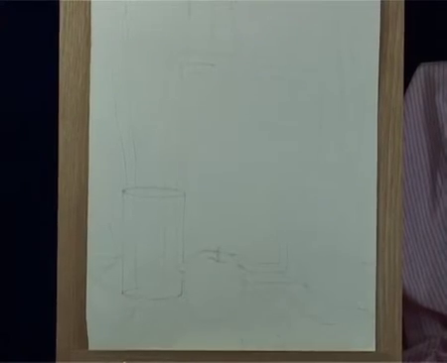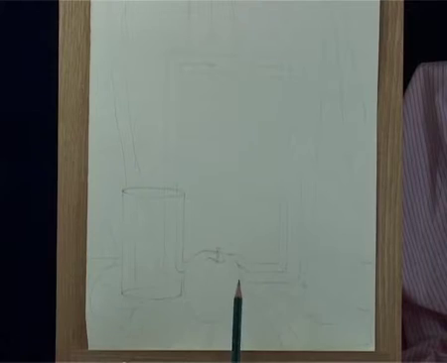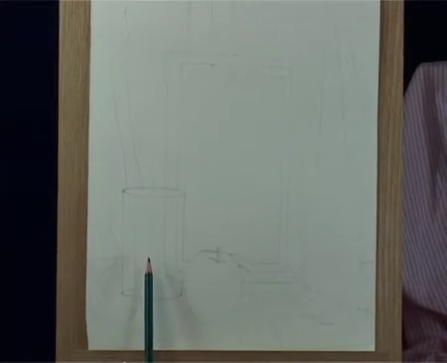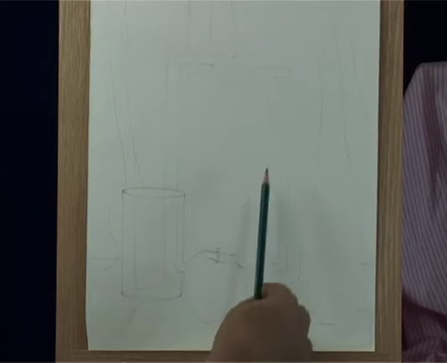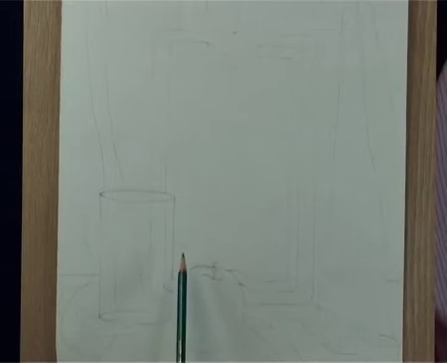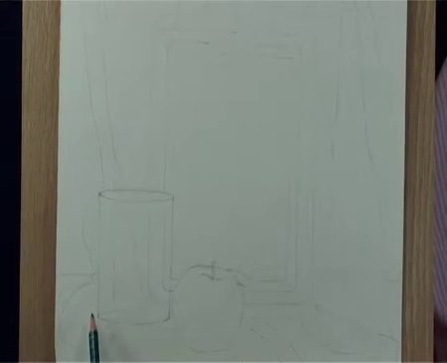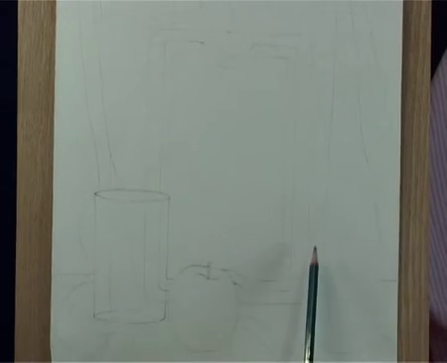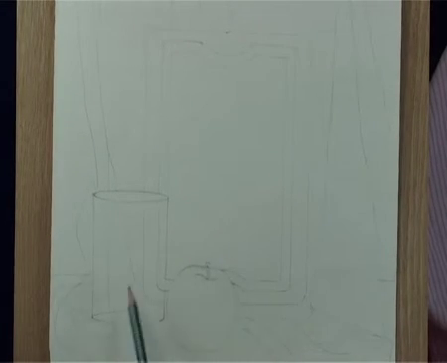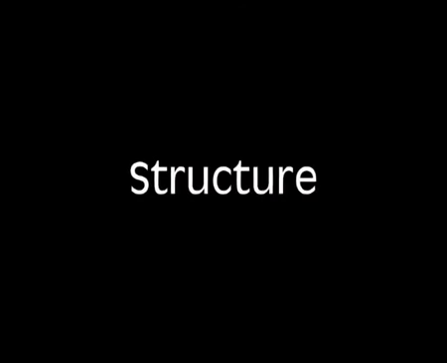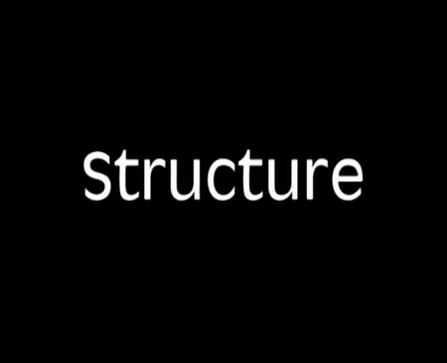Look at the picture and try to imagine the basic shapes of each object. You may identify a small rectangle in a glass, a big rectangle in a tray, or a circle. Structure.